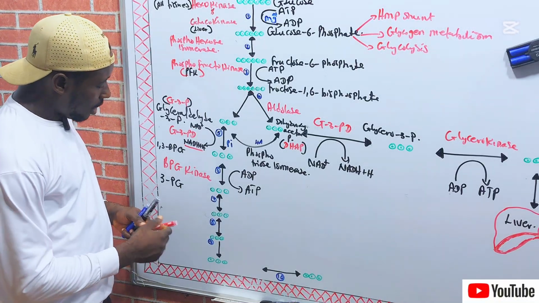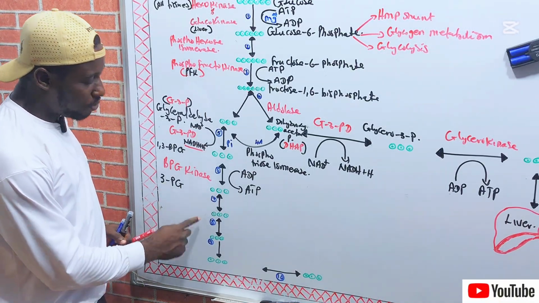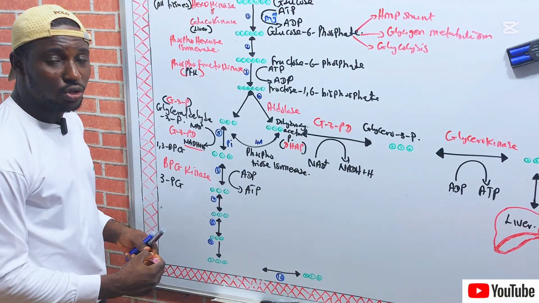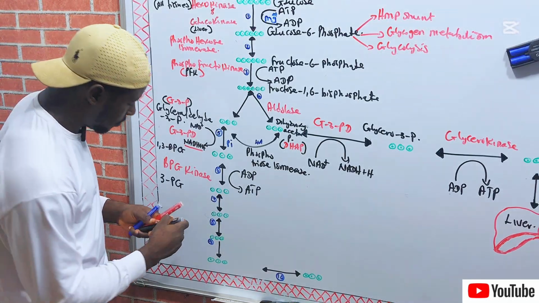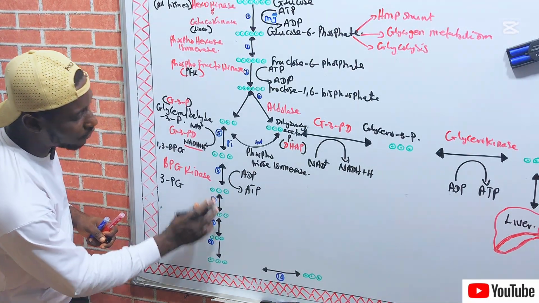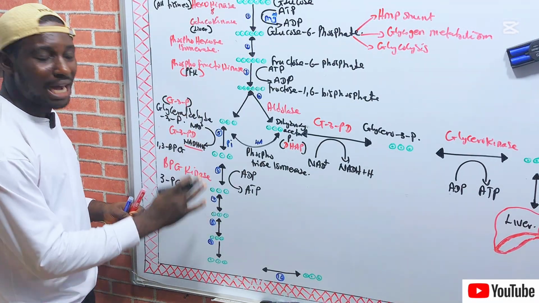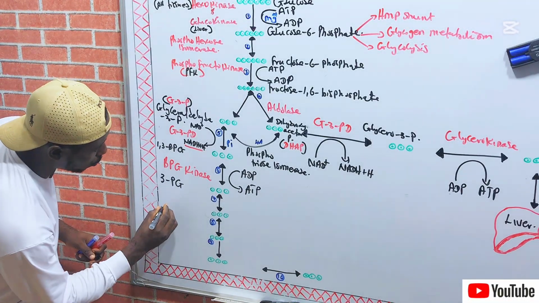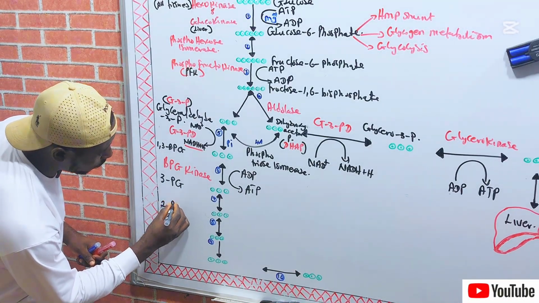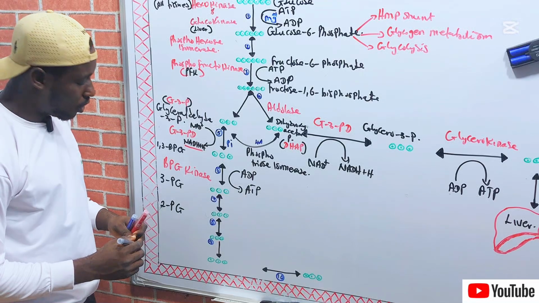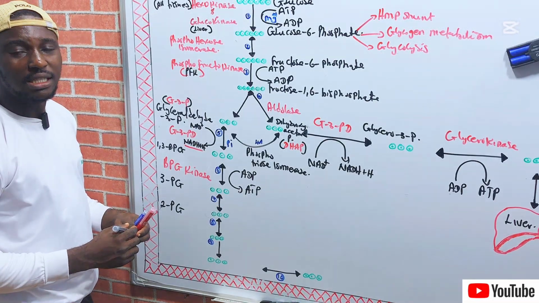Now, 3-phosphoglycerate will be isomerized to produce 2-phosphoglycerate. Look at it here, all of them have three carbon atoms in their molecule, to produce 2-phosphoglycerate by an enzyme called phosphoglycerate mutase.